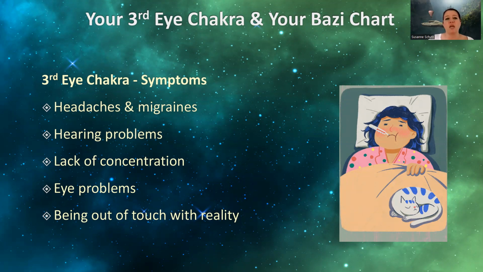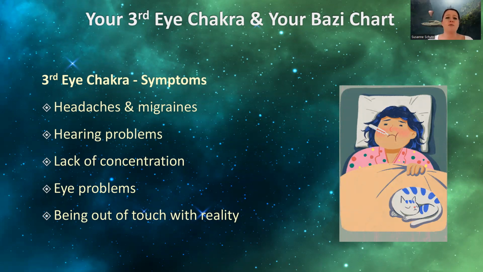Sometimes if it's just a slight block or not such a serious one, then you may not have all of those symptoms, but you will probably feel one of them. Very often you may be suffering from headaches and migraines, like chronic migraines. And there's something really, really terrible about that. They're super painful and super annoying.